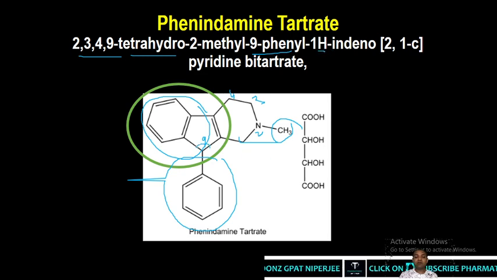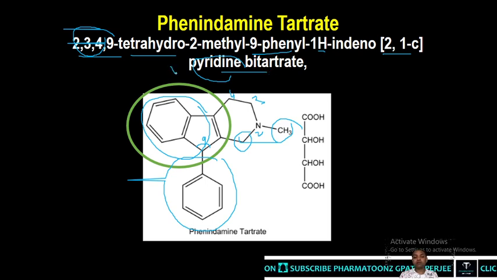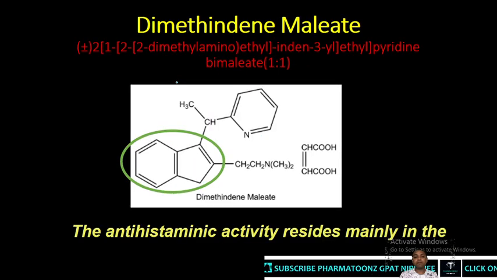So this is indeno[2,1-c]pyridine tartrate. Why is pyridine written here? Because here we have mentioned 2, 3, 4 tetrahydro, we have already mentioned it with tetrahydro, so you can also write pyridine.